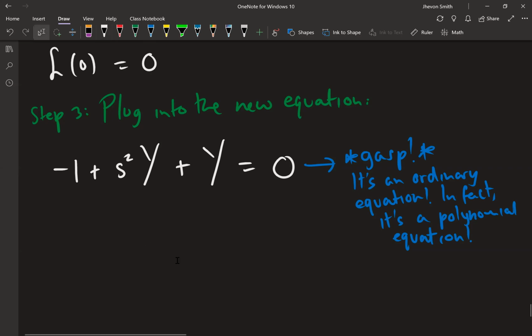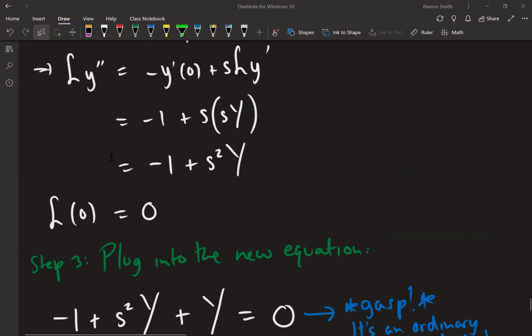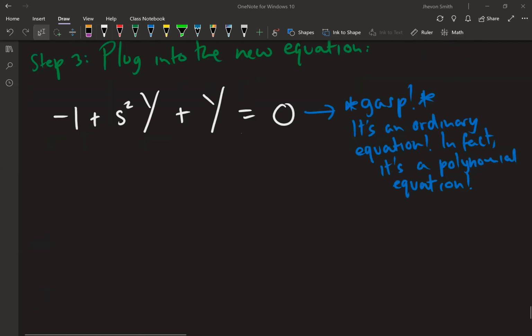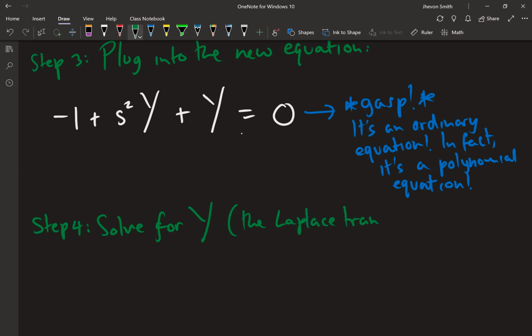So now, what you want to do is solve for the Laplace transform of y, because then you can do the back substitution to get to y. Now this is just a regular equation.